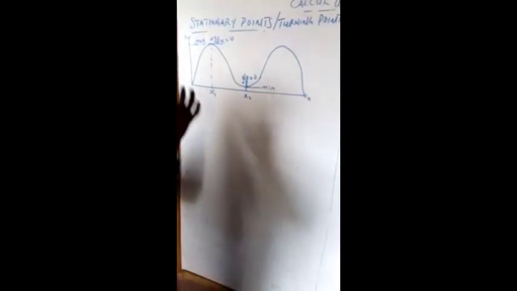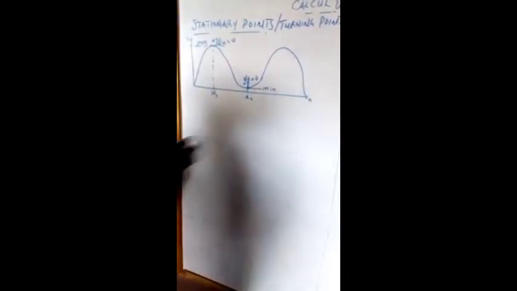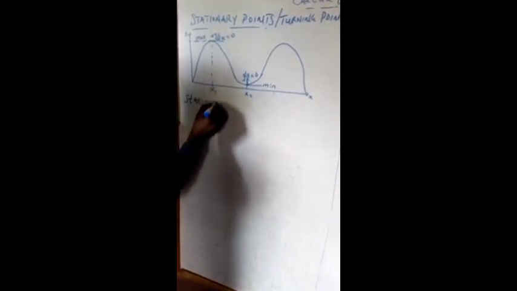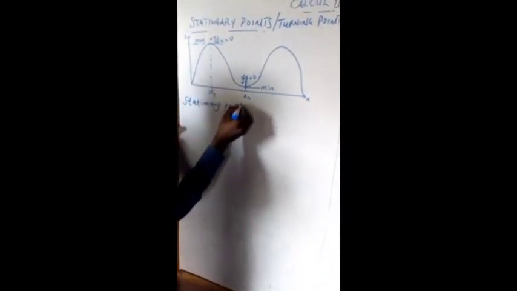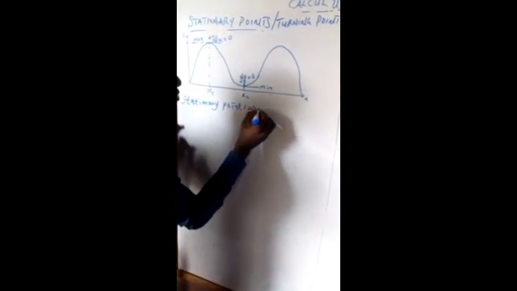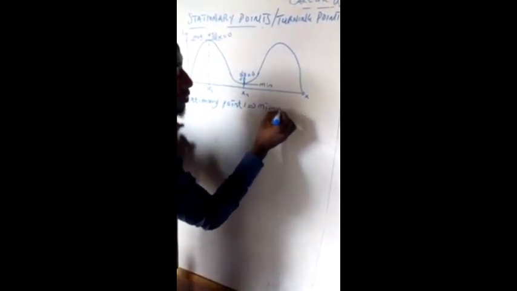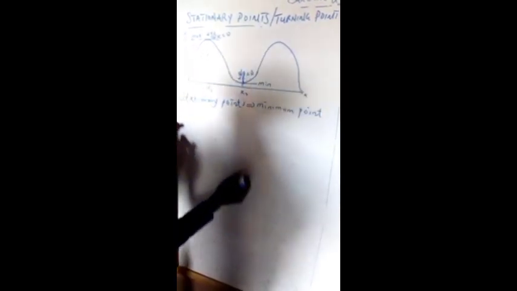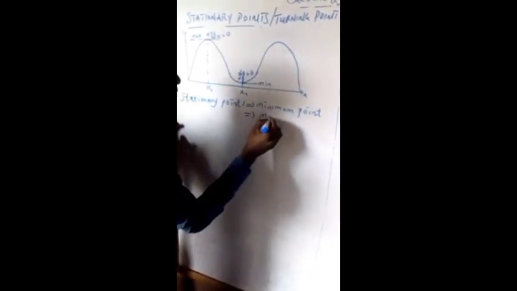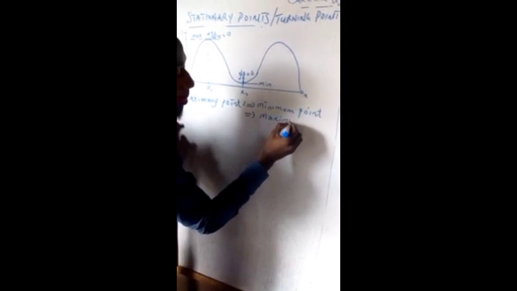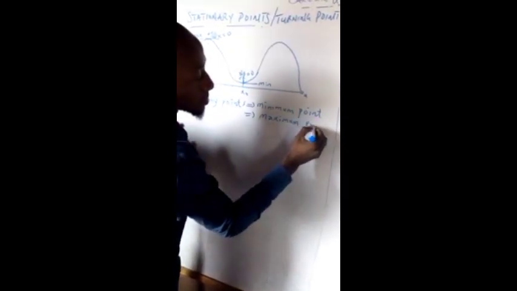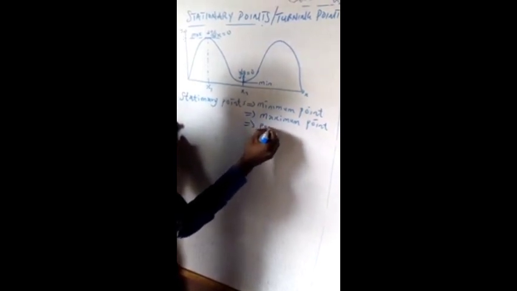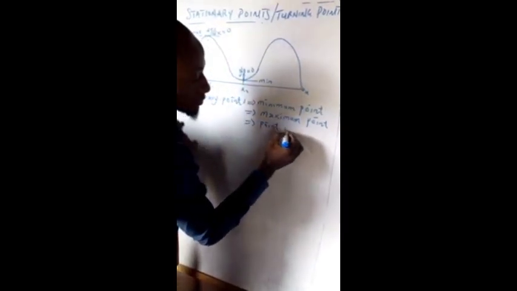So anytime they are talking of the stationary point, the stationary point includes the minimum point, the maximum point, and we also have another point that we call the point of inflection.